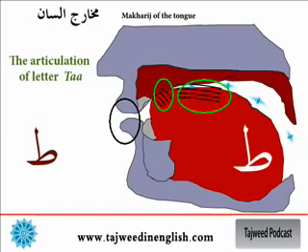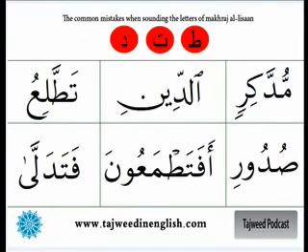So let's see the next common mistakes that appear in reciting or reading some of the words in the Qur'an, especially when using the letters ta, ta, and dal. So these are a few examples. Of course, we can't go through the whole Qur'an, but if you listen and read with me, we will go, inshallah, bit by bit, highlighting some of these common mistakes that the shuyukh and the qurra came across, and also that I myself came across among the students who pronounce some of the words not in a correct manner.